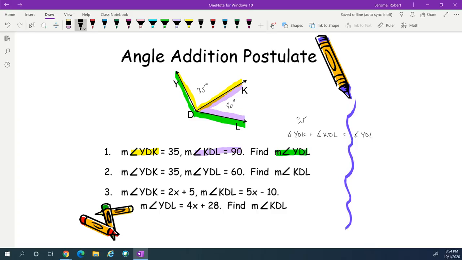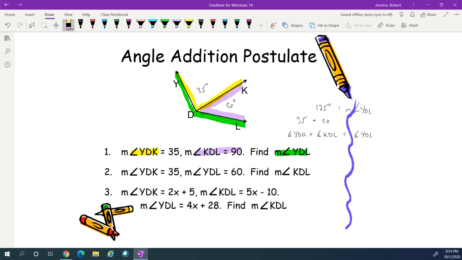So 35 plus 90, and we get 125 degrees is the measurement of YDL. And each of these questions is going to work the same way. So I'll do one more.